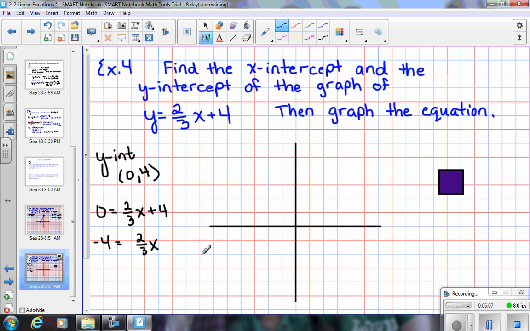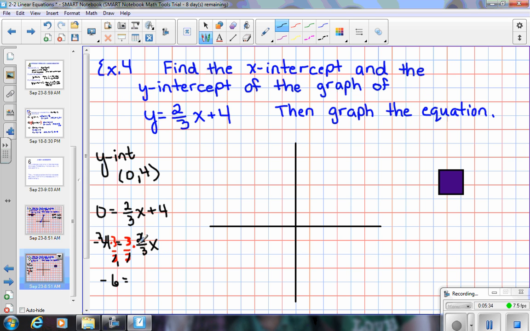I could do fraction busters, or I can think of this as wanting to undo multiplying by 2/3. So I'm going to multiply by the reciprocal, which is 3/2, which means I have to also multiply this side by 3/2. We can do a little canceling here, and we get -6.